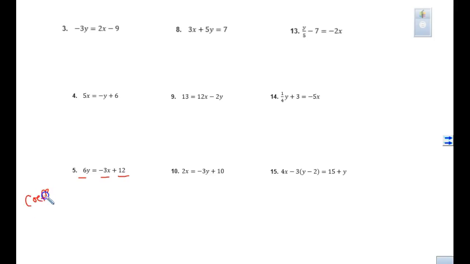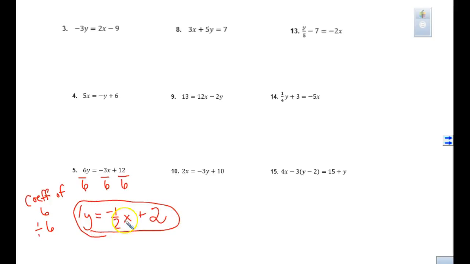Coefficient of y is 6, so we have to divide everything by 6. That leaves us with 1y, which is our goal, equals, I have negative 3 over 6. That simplifies to a negative 1/2 x. And 12 divided by 6 is 2.